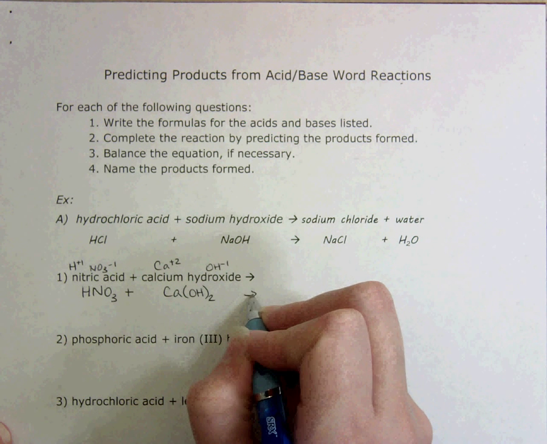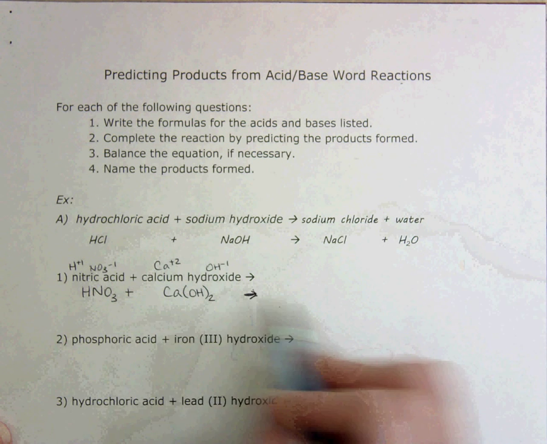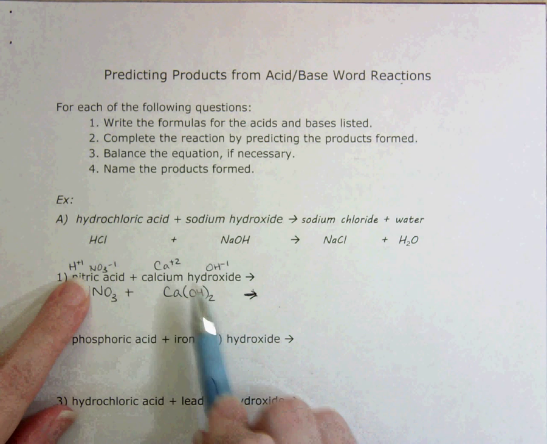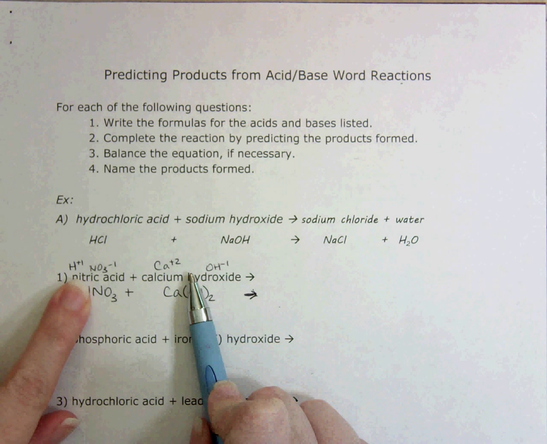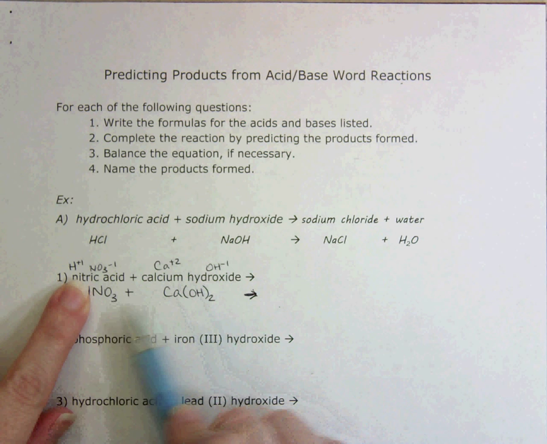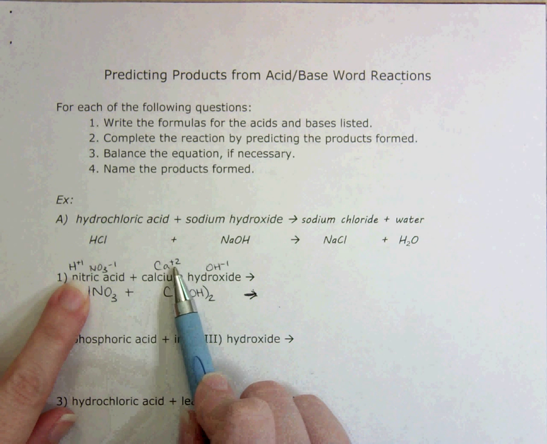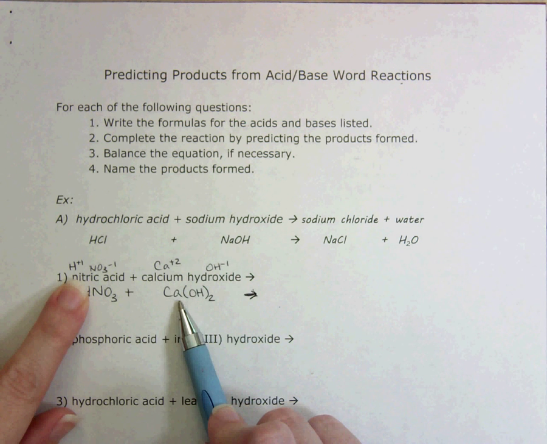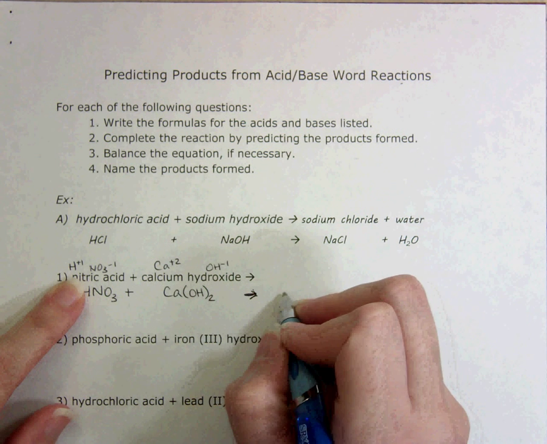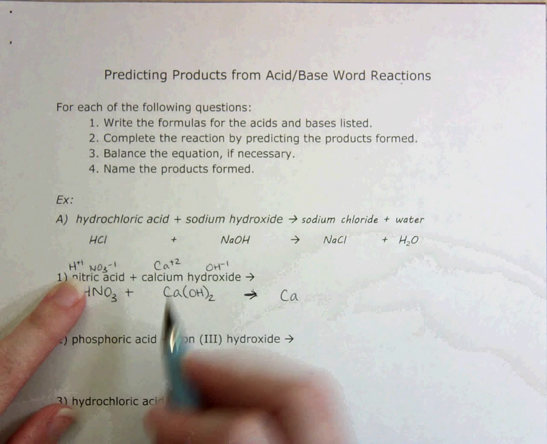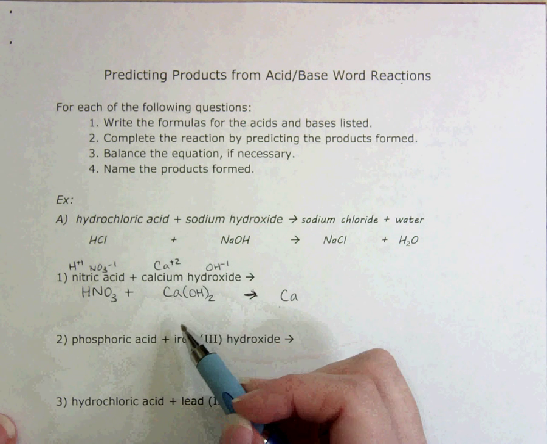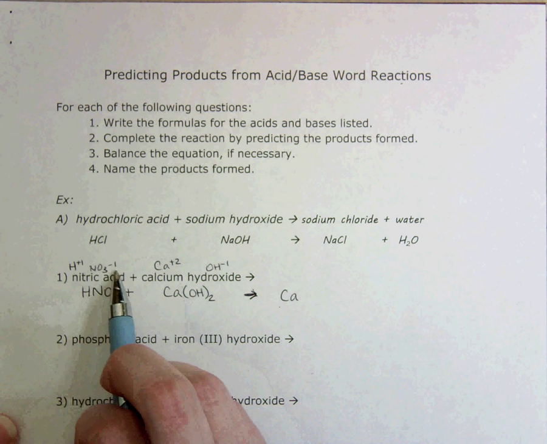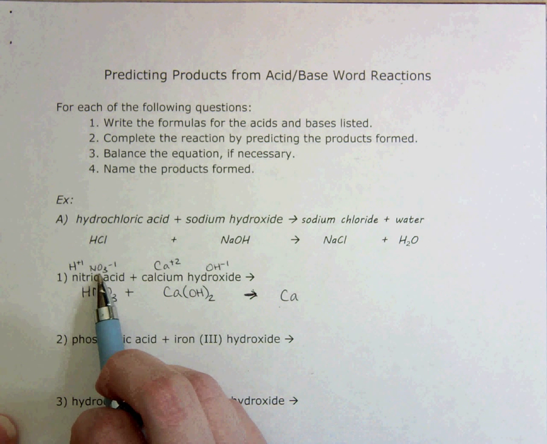Then I'm going to draw my arrow, and I'm going to make the products. Now I know that H and OH will form water, so I'm going to ignore those for now, and what I'm left with is Ca and NO3. I always write my positive ion first, so I know I'm going to put Ca first. So when I write out my compound, it's going to be Ca, and then I need to determine, do I need to cross over my charges? And I do, because a +2 for Ca and a -1 for NO3 do not cancel out.